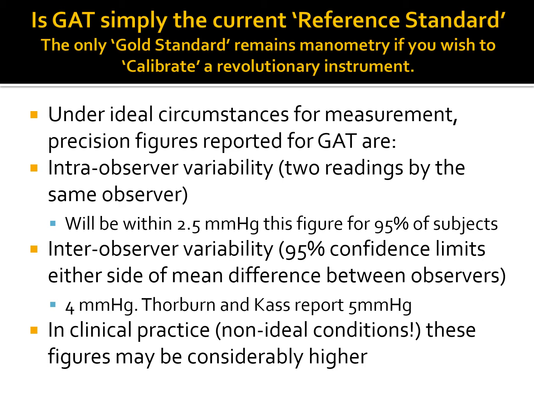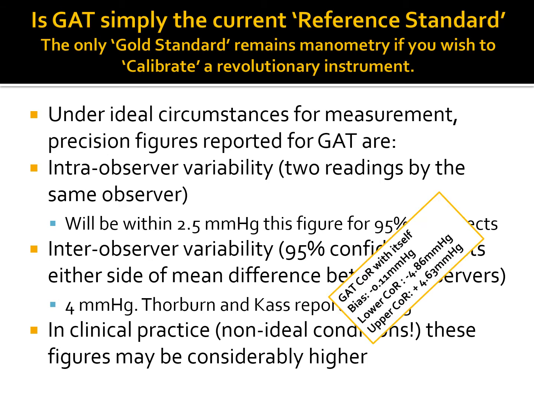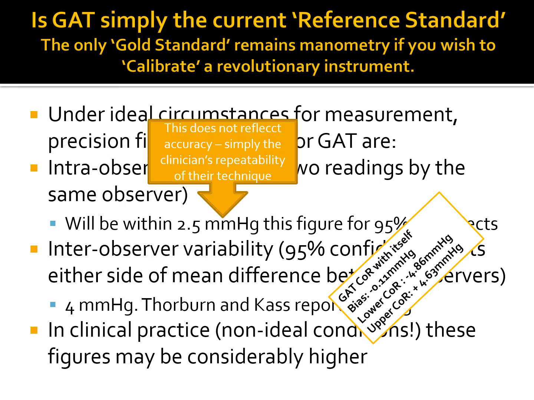And that's actually true. You've got to think that. These papers are done where one person is, well, let's bring this up. We know for a start that the repeatability of GAT itself is plus or minus 5 millimeters. So that's the measurements we've come up with. So it correlates more with the sort of Thorburn and Cass type stuff. But also this one here, does this reflect accuracy or repeatability?